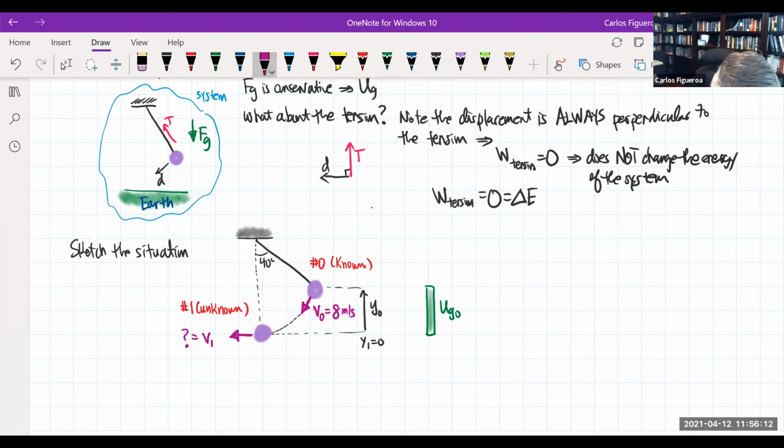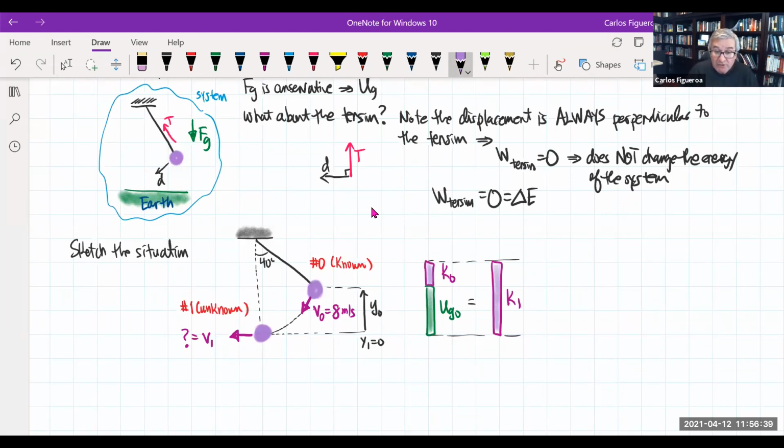Now it has kinetic energy, some initial kinetic energy here, and this is what I'm going to call the kinetic energy at 0. And then afterwards, since there's no external forces doing work, I know that the final kinetic energy of the system should be like this. And as expected, we expected a higher speed at the bottom.